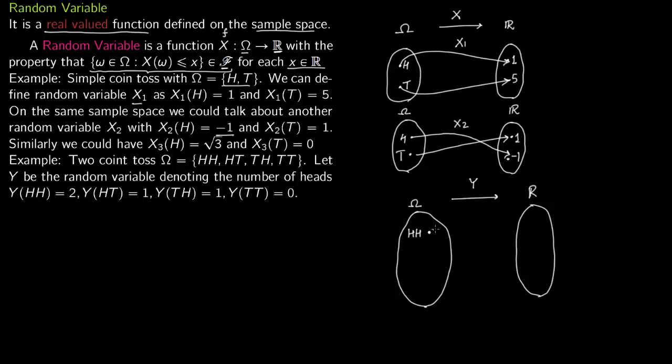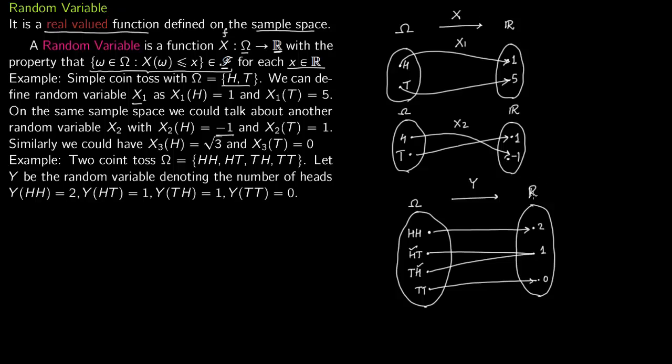Head head gets mapped to 2 because it is 2 heads. Head tail and tail head both have 1 head each. 1 head here, 1 head here. So both of them will get mapped to 1. And then you have tail tail. This is 0 heads, so it gets mapped to 0.